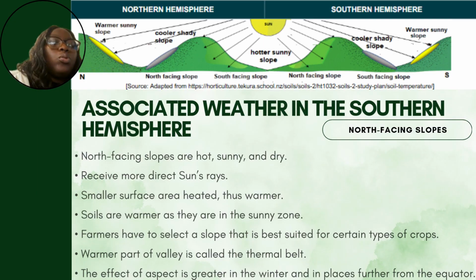The soils are also warmer, and therefore farmers will usually select the slope based on the type of crops that they want to plant. The warmer part of the valley is called the thermal belt, which we've defined earlier. The effect of this aspect is greater in winter, and in places furthest away from the equator as well, when we consider north-facing slopes.